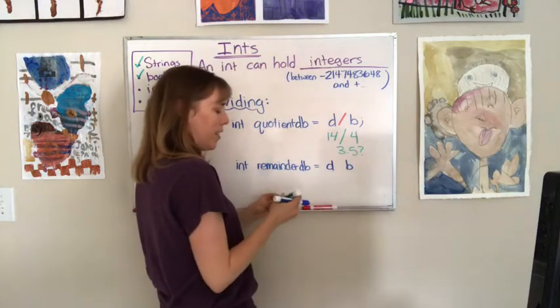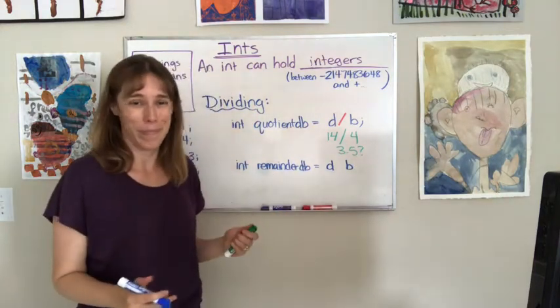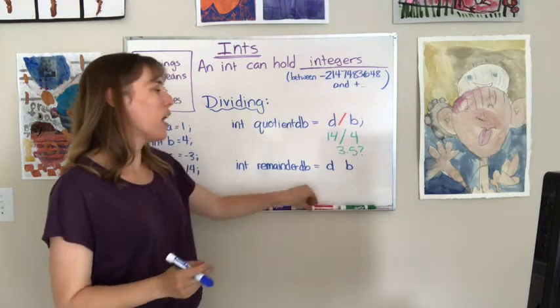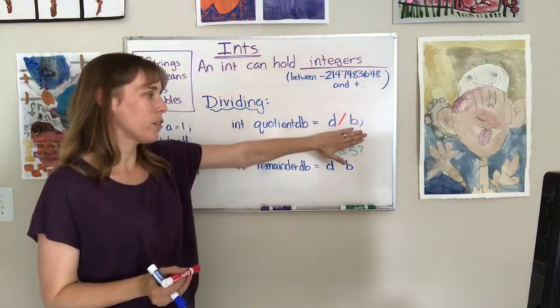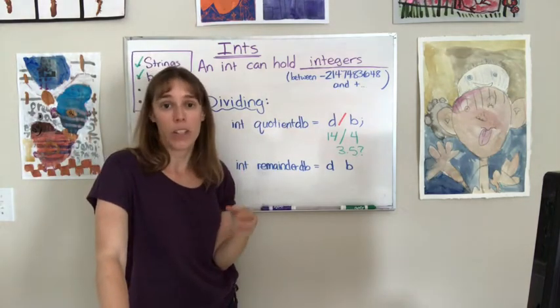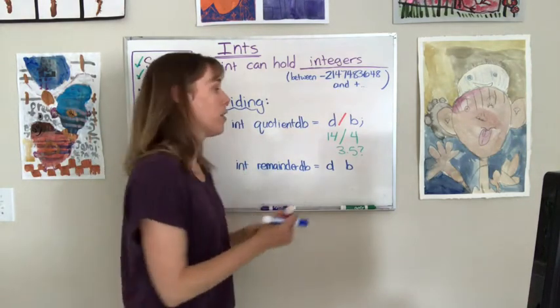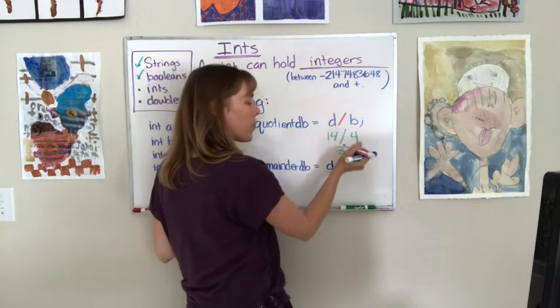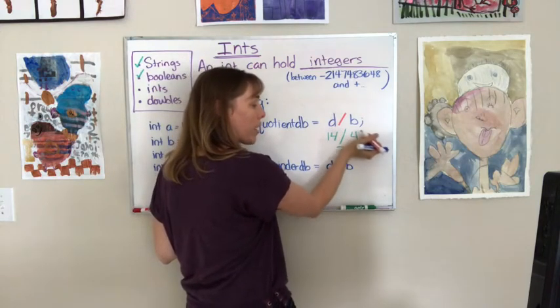Well, it turns out it won't. When you have one integer divided by another integer, Java is going to expect that the answer is going to be an integer. It's going to do what's called integer division, and it's going to take whatever your answer is and truncate it.